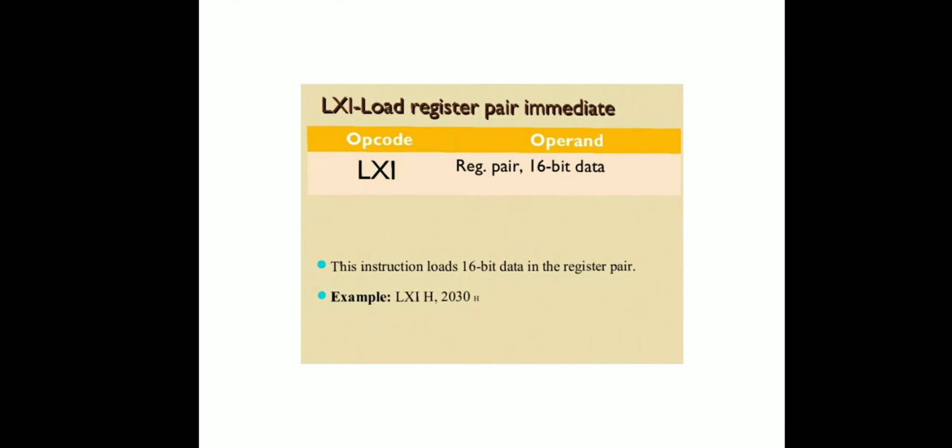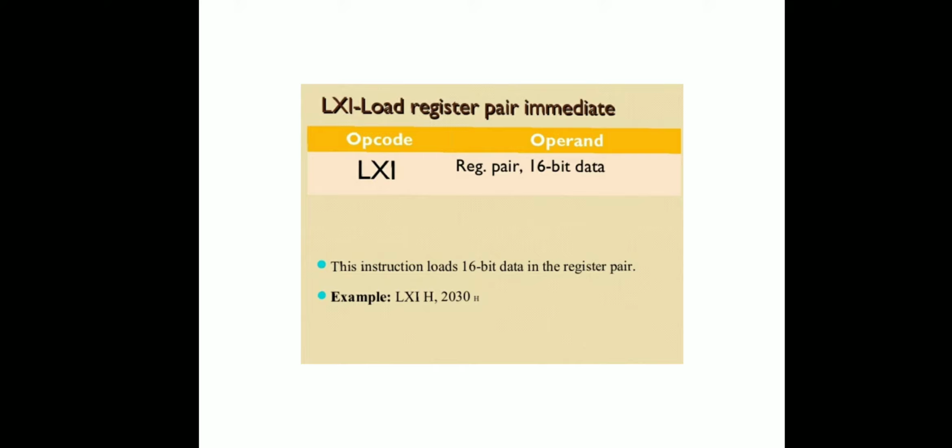LXI, load register pair immediate. Here again the operand is 16-bit data with a register pair. For this instruction, generally we use the HL pair. Before the execution of this instruction, the 16-bit data is present in the instruction.